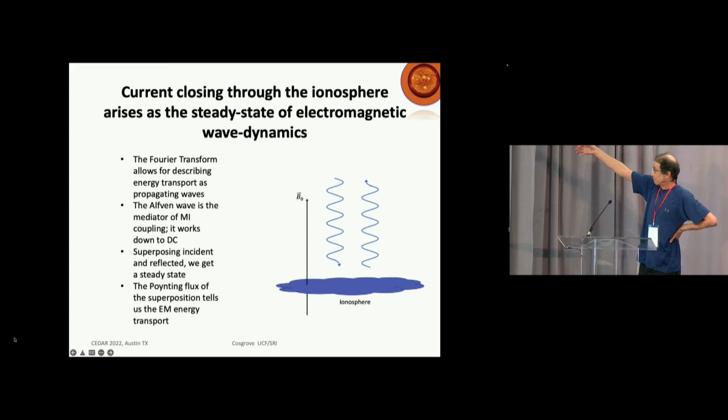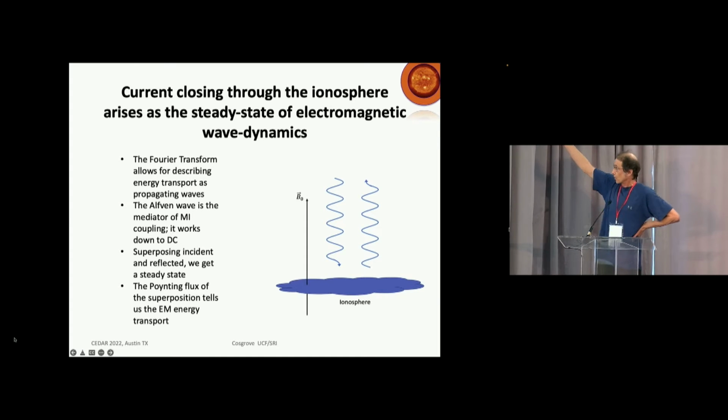What you end up finding is that the only one that really works just outside the ionosphere is the Alfvén wave. So when we see the Poynting flux, what we're really seeing is an Alfvén wave coming in, bouncing off the ionosphere and going back.